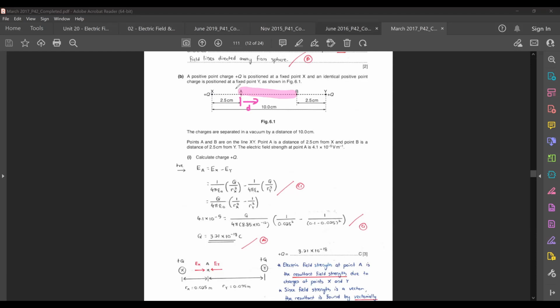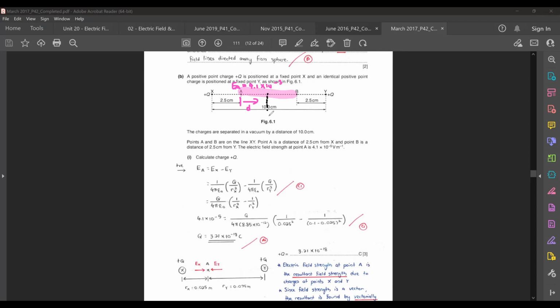It's starting from A. So at this point here, EA itself was already mentioned to you as 4.1 times 10 power minus 5, right? Okay. So your graph will start at that value. But what do you think will happen as you go a bit further?